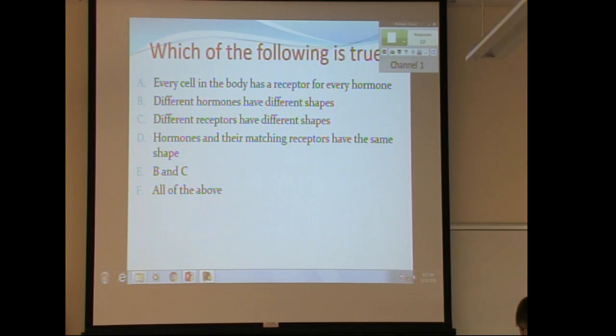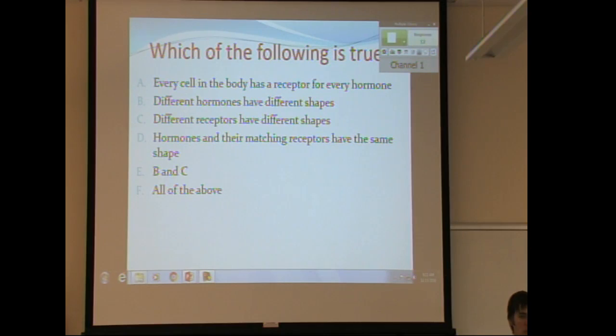So for A, every cell of the body is a receptor for every hormone. That would be a disaster. For example, luteinizing hormone is supposed to tell the testes and the ovaries to do something. It's not supposed to tell your muscles or your liver or anywhere else in the body to do anything.